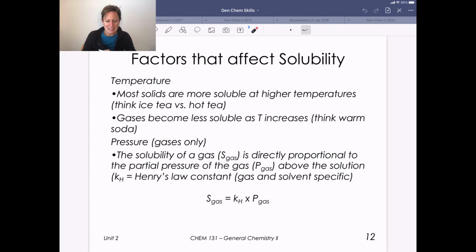But this makes sense. The greater the concentration of carbon dioxide gas sitting above your soda, the more fizzy it's going to be. You're going to have more of that gas get into solution, and we can increase the pressure to push it down in there. So lots of qualitative pieces there in our first skill in this unit to help us think about solubility, solutions, and then the solution process.